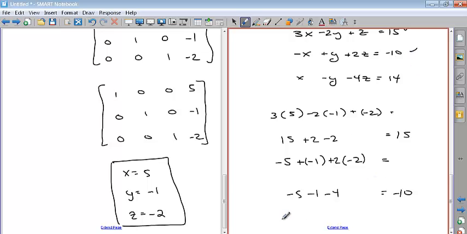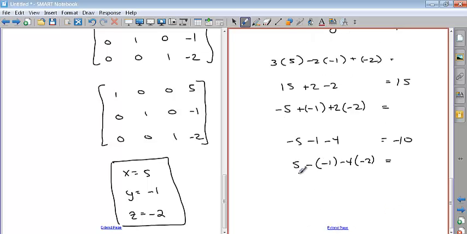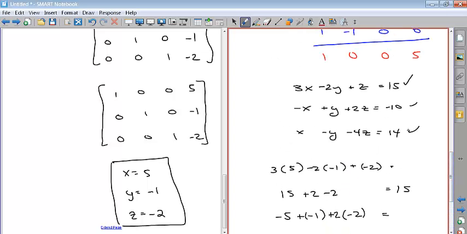And then the final one is going to be this equation. So we have x, which is 5, minus y, minus negative 1, minus 4 times negative 2. So that's 5 plus 1 plus 8, which is 14, which is the last one. So that is the correct solution to the whole thing.